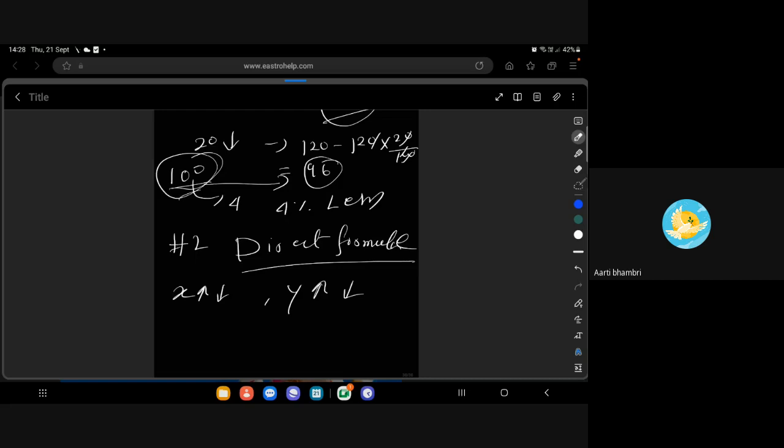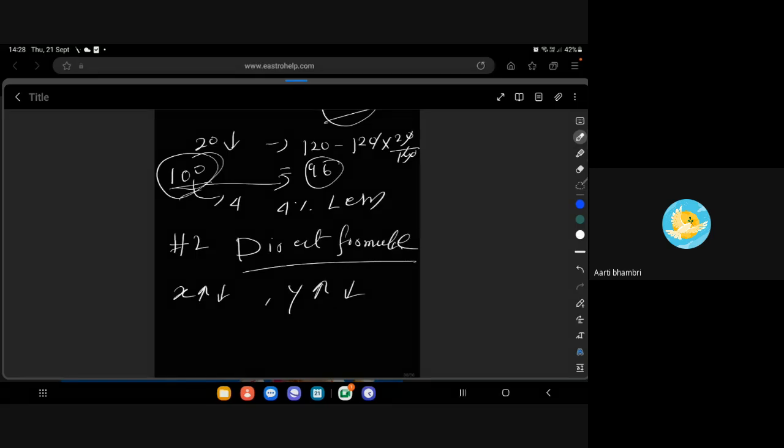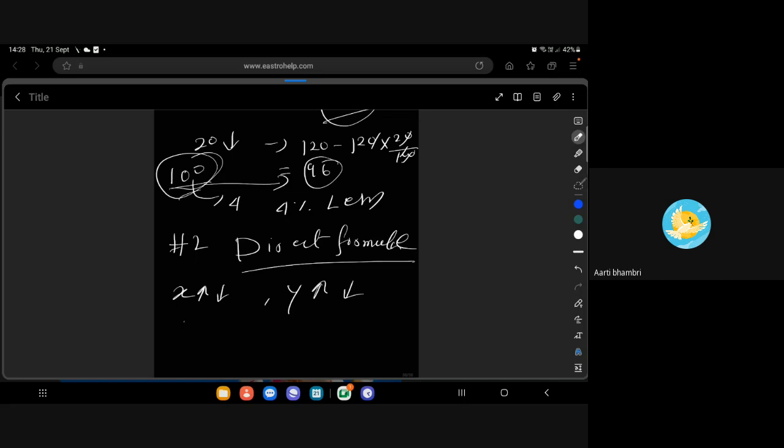Or there is an x% increase, then y% decrease, or an x% decrease and y% increase, anything. In that case, the net change will be x plus y plus xy by 100. Okay, this is the formula.